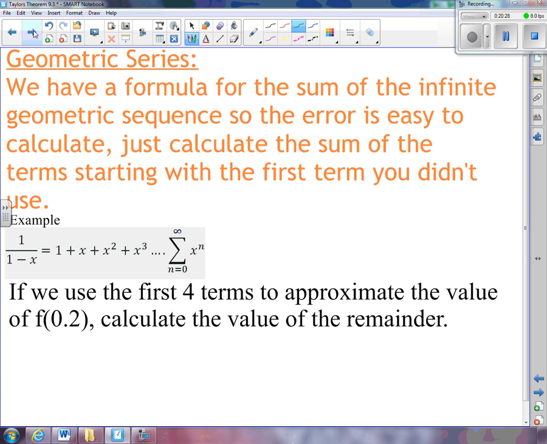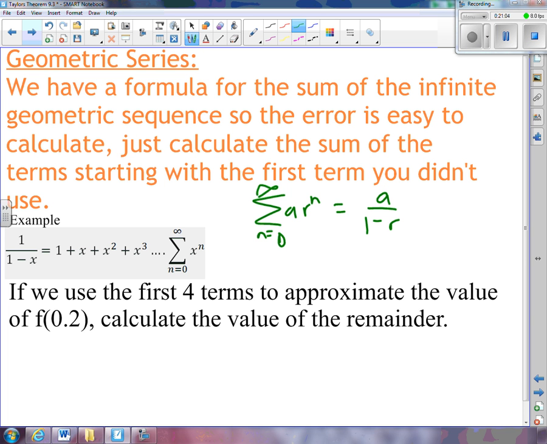A over 1 minus R. So the sum of an infinite geometric series, A times R to the n, starting at 0, always equals A over 1 minus R. So you don't have to approximate, you can just know the sum.